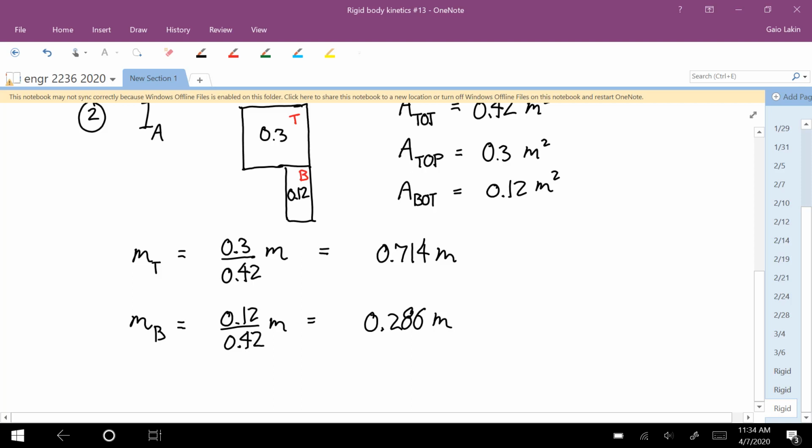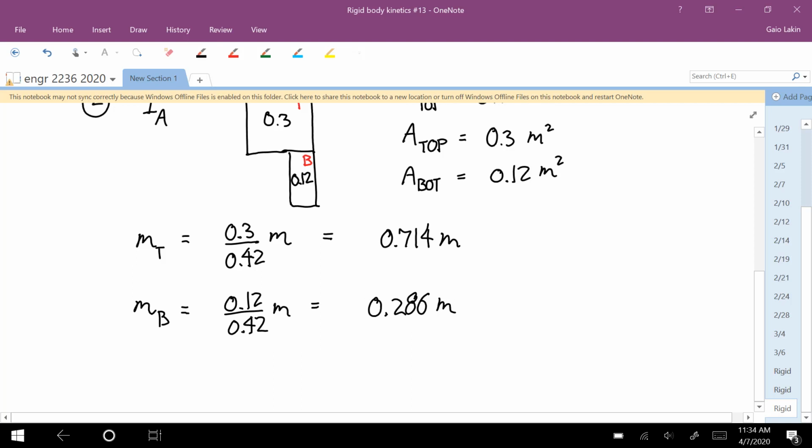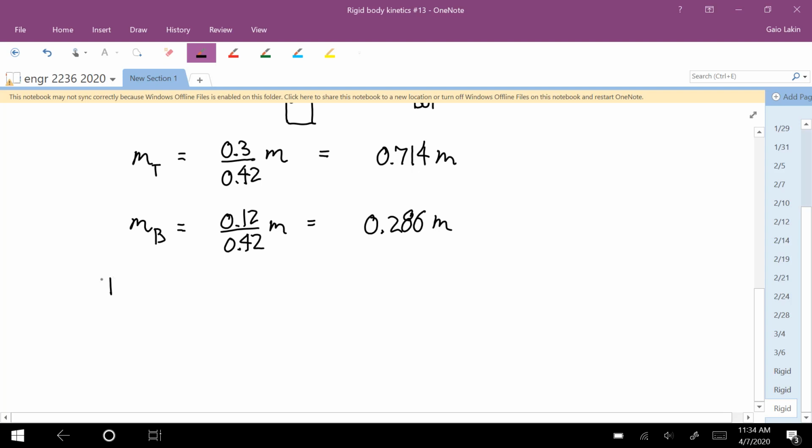I'm going to figure out the mass moment of inertia of the top rectangle about its center of mass, and then use the parallel axis theorem to calculate the moment of inertia of the top rectangle about the hinge. And then I'm going to do the same thing with the lower one, get its moment of inertia about its center of mass, and then use the parallel axis theorem to calculate the moment of inertia of the bottom rectangle about the hinge. Okay, so the top.